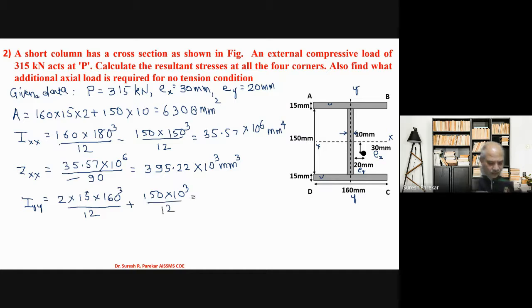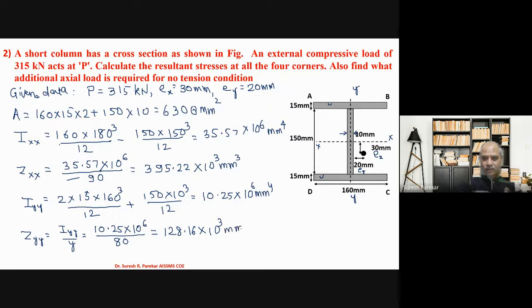And we will have Iyy is equal to 10.25 into 10 raised to 6 millimeter to the power 4. And from this we will get ZYY is equal to Iyy by y, and that is equal to 10.25 into 10 raised to 6 divided by we have 80. And from this we will get 128.16 into 10 raised to 3 millimeter cube.